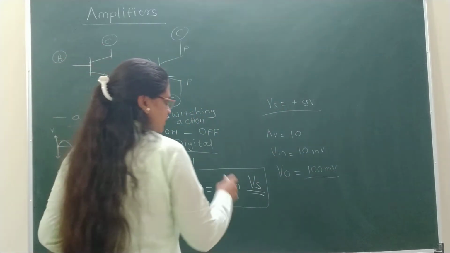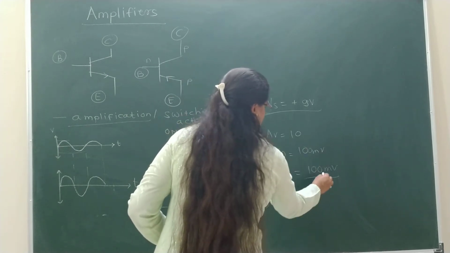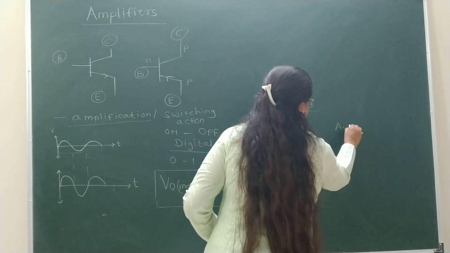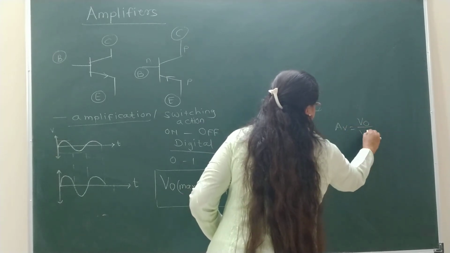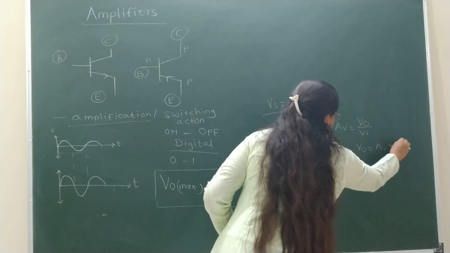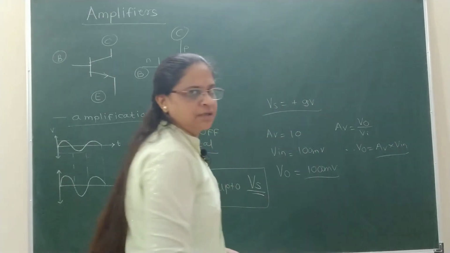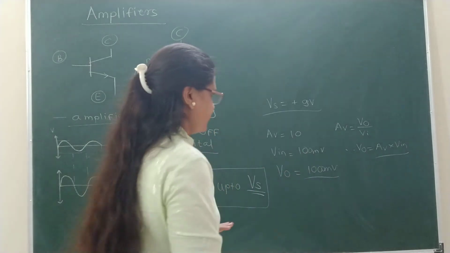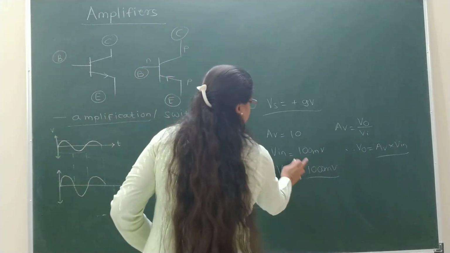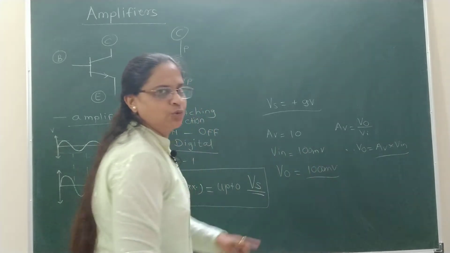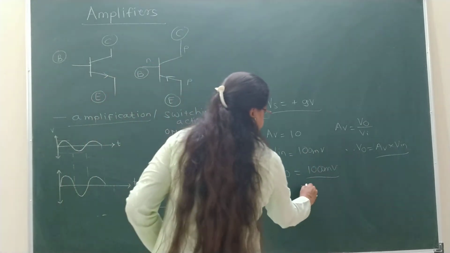If you make the input 100 millivolt, the output becomes 1000 millivolt, because as we know, voltage gain is equal to VO upon Vin. Therefore, VO is nothing but the product of input voltage and voltage gain. So voltage gain shows the amplification capacity of that circuit. Here it is possible to make the 100 millivolt signal become 1000 millivolt, that is 1 volt.